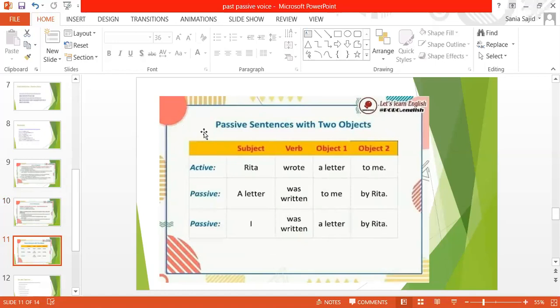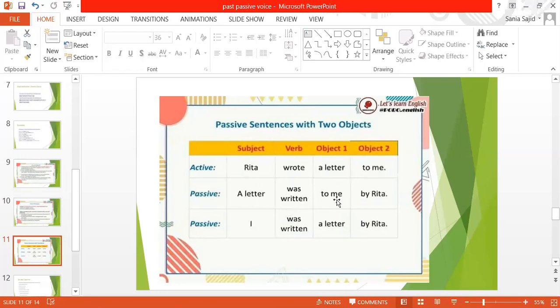Okay, sometimes in a sentence we have two objects. So how do we convert that type of active sentence into a passive sentence? There are two formations. You can convert in both ways. For example, Rita wrote a letter. A letter is an object. To me is also the objective case of I. So the first formation of converting a sentence with two objects is: a letter was written to me by Rita.